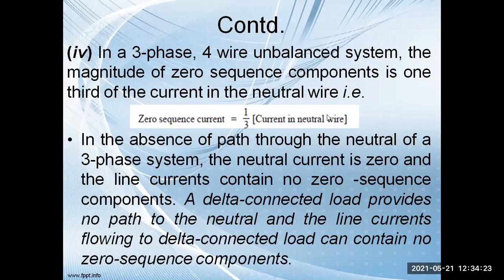So in a delta connected system, there is no concept of zero sequence component of current. If the system is unbalanced, only the positive sequence current and the negative sequence current will exist. Yes or no?